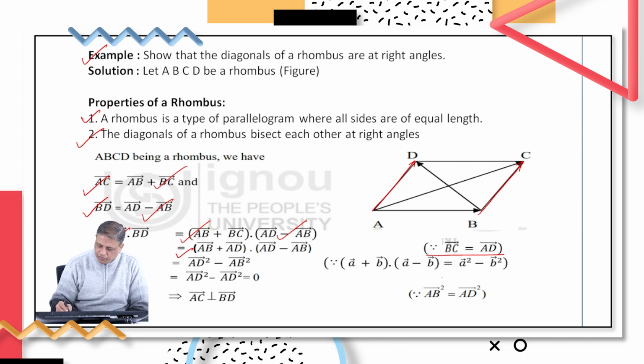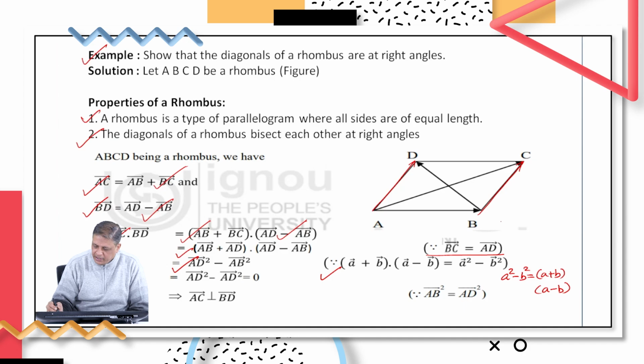Now we are exploring the identity that A square minus B square is nothing but A plus B into A minus B. Applying this identity, you get the answer AD square minus AB square.